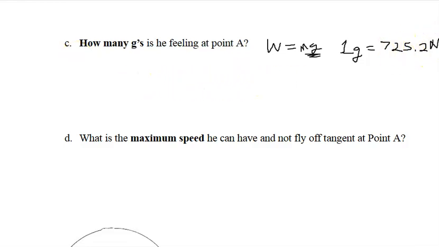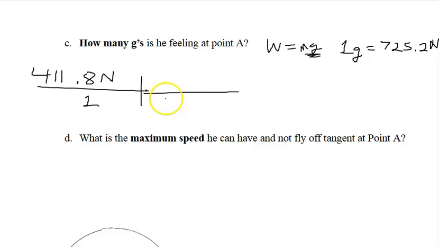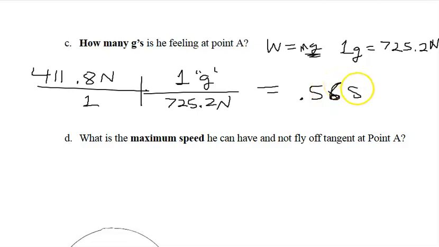Okay, so think of this like a conversion. He feels 411.8 newtons. That's the pressure, that's the normal force. 725.2 newtons is equal to 1 G. And when you divide these, you get 0.568 G's.